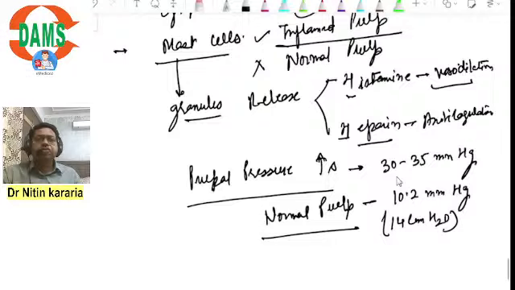This is the intrapulpal pressure for normal pulp. It rises to almost 3 times, 30 to 35 millimeters of mercury. So questions have come both ways. They can ask you the normal pressure of the pulp, either in millimeters of mercury or centimeters of water. They can ask you the pulpal pressure in the cases of inflammation. So the respective values are given over here.